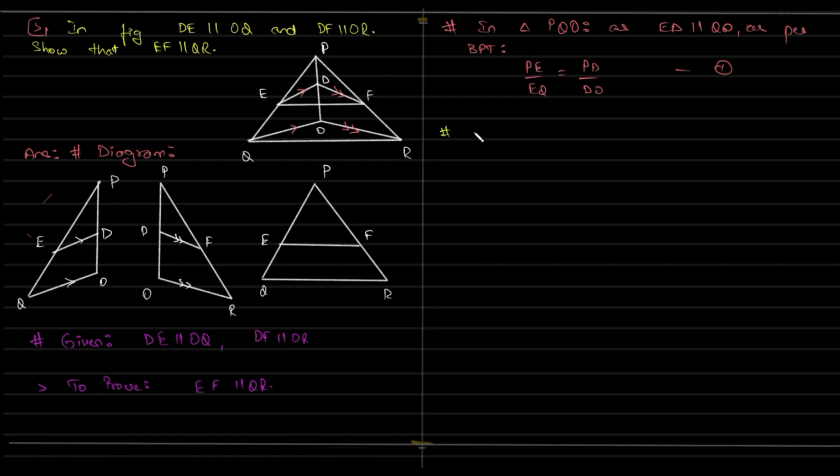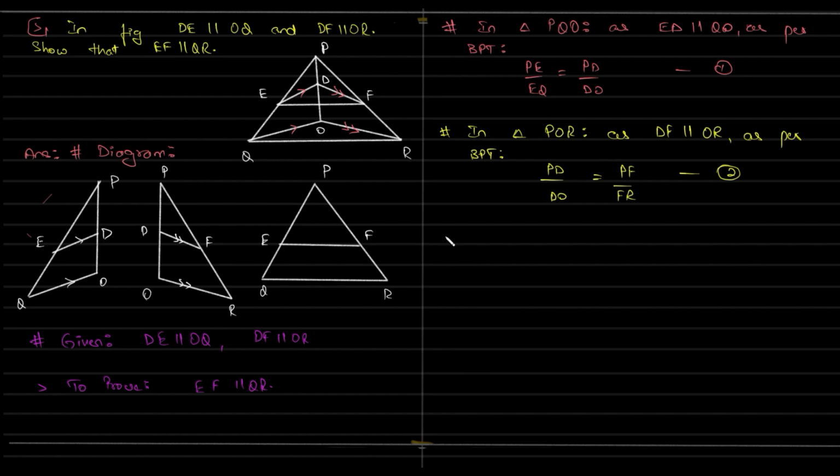Next, in triangle POR, as DF is parallel to OR, as per BPT, PD by DO is equal to PF by FR. All this is quite simple. We're just writing, nothing else.